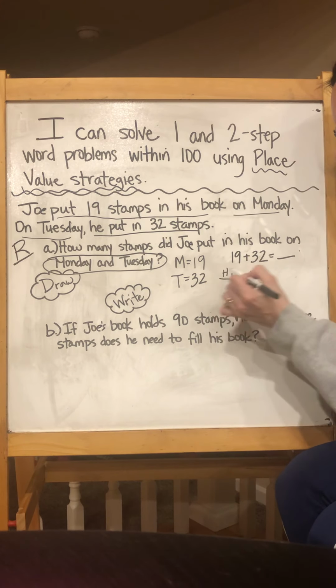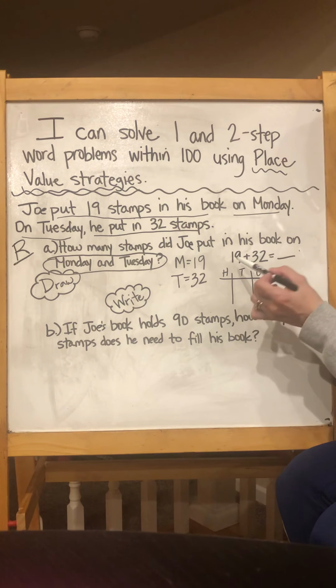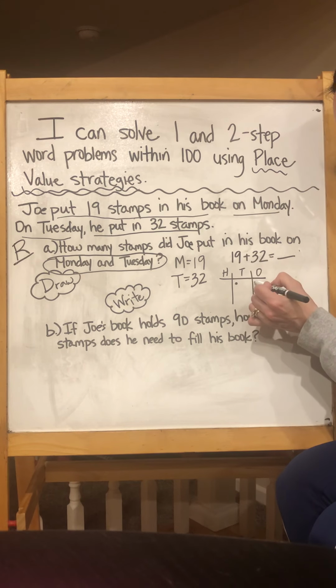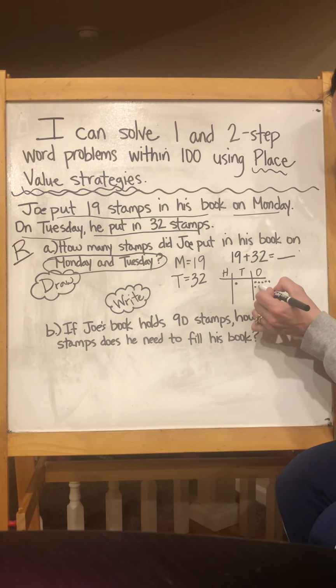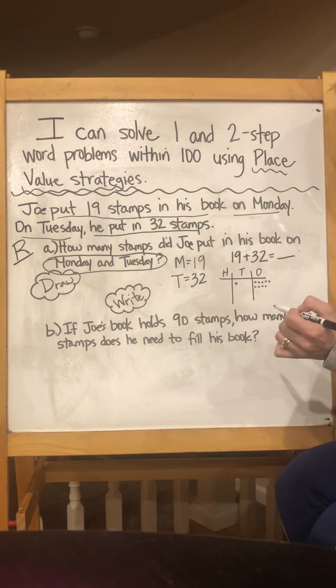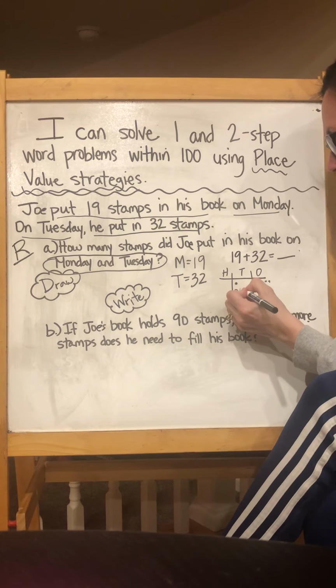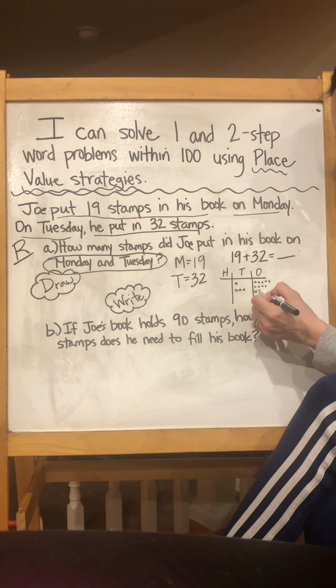One is for hundreds, one is for tens, and one is for ones. I know that 19 has 1 ten and 9 ones. 1, 2, 3, 4, 5, 6, 7, 8, 9. And I know that 32 has 3 tens, 10, 20, 30, and 2 ones, 31, 32.